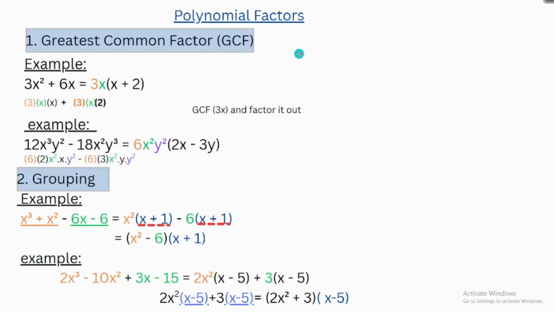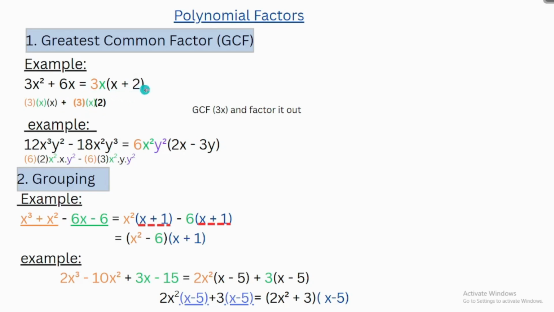Polynomial factors. We have videos about factoring, but these are simple examples about factoring. When we find here 3x squared plus 6x, we will find that 3x is common between the two terms. So we will factor it out, take 3x common, open a parenthesis and put the remainder, x plus 2, in the parenthesis.